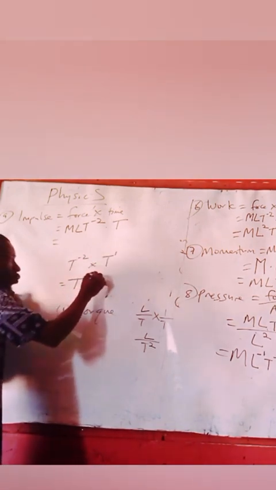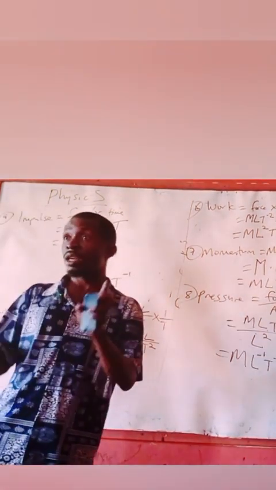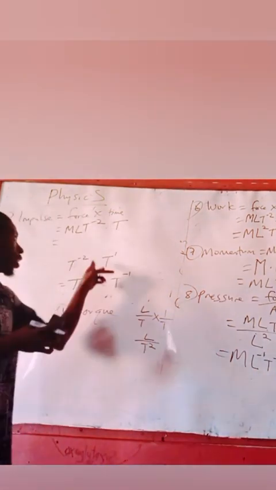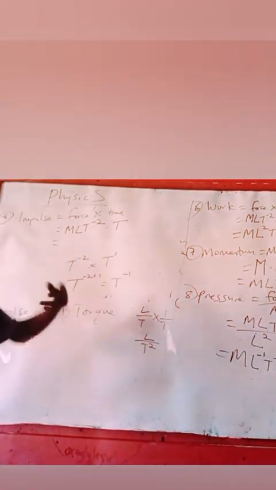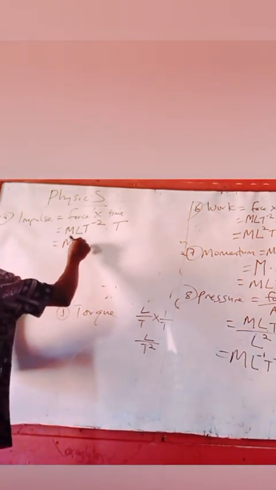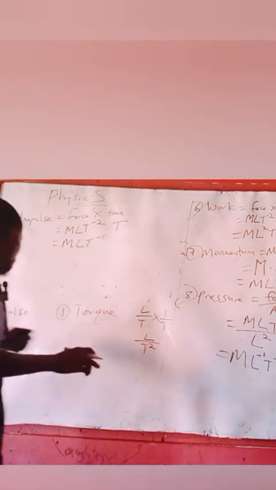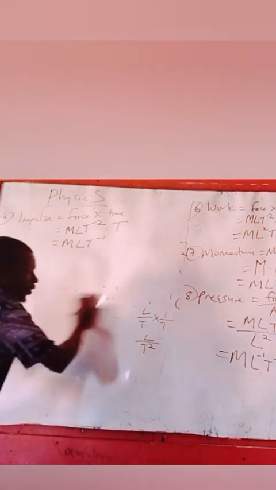Minus 2 plus 1 will give me minus 1. So we notice that the power of T becomes minus 1. So this will give us MLT raised to the power minus 1 as the dimension of impulse.